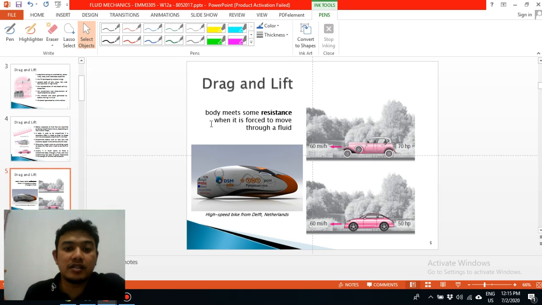A body meets some resistance when it is forced to move through fluids. In this picture we have two types of cars, the old design and the new design.